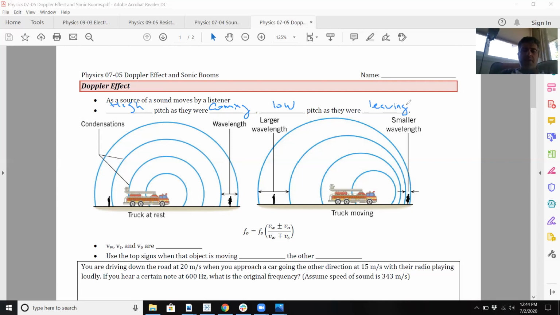And remember we talked about condensations of sound. So here's a truck at rest, and obviously a person that's standing right there. And then when the truck's moving, obviously the wavelengths get smaller and smaller, meaning the frequency gets higher. And remember, high frequency is high pitch.